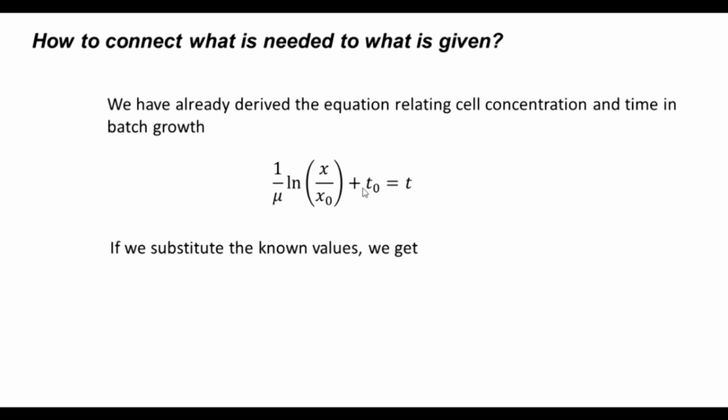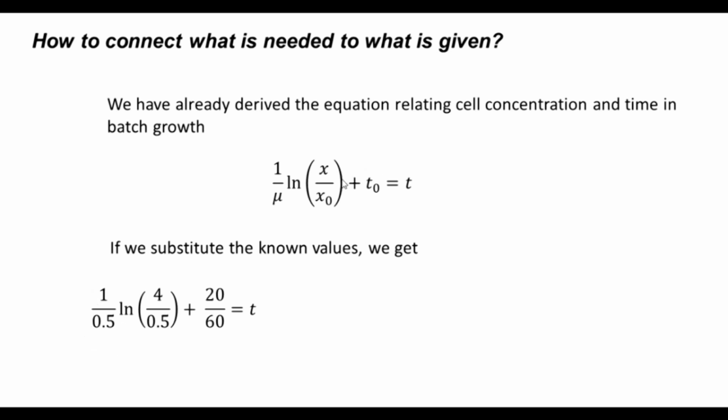So we need time here. If we substitute the known values, we get 1 by 0.5, mu is constant 0.5 hour inverse, ln 4 by 0.5, plus T naught is 20 minutes.